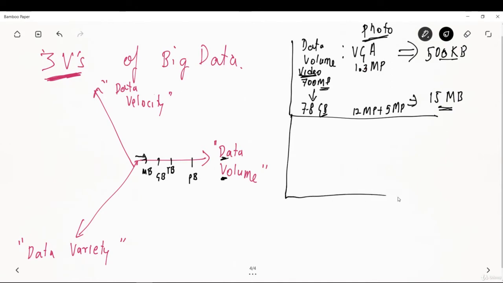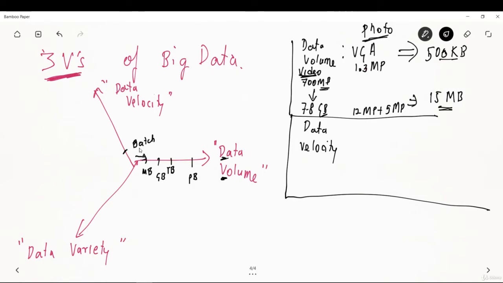Then let's go to the next thing, that is data velocity. In the olden days, there were only batch jobs. What used to happen is a list of jobs ran, let's say only at night, and every night a job would run and get data from some other system.